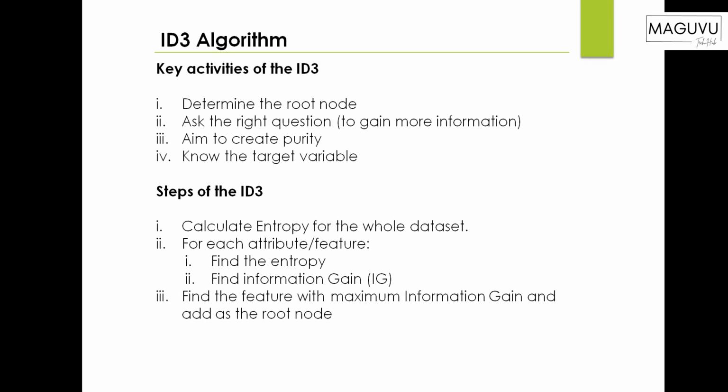Find the feature with the maximum information gain and add it as a root node or the next node. Repeat the process until we reach a desired tree. These are the steps that we're going to be looking at as we iterate through to create our decision tree.